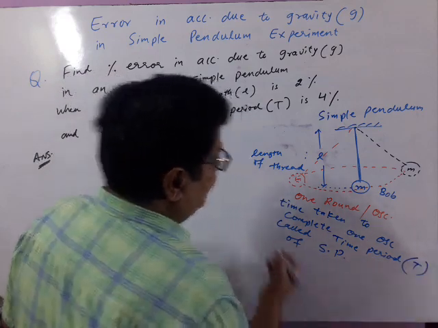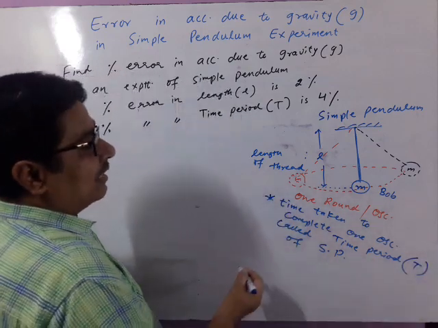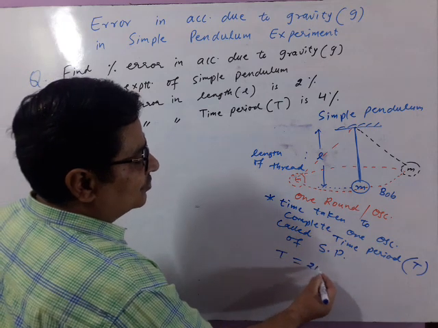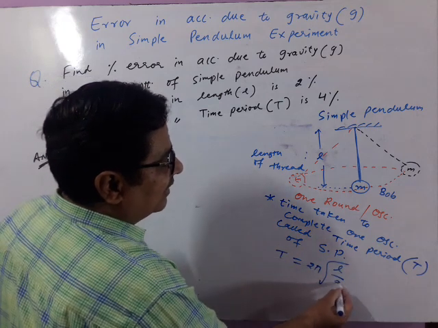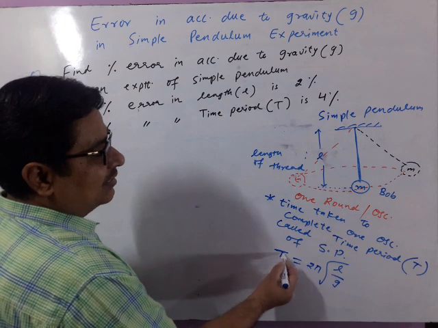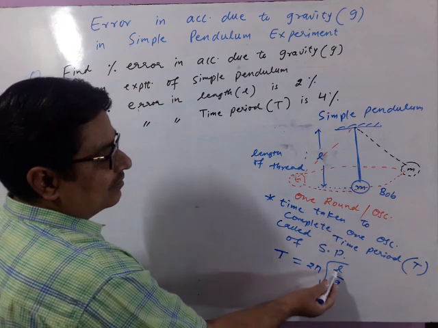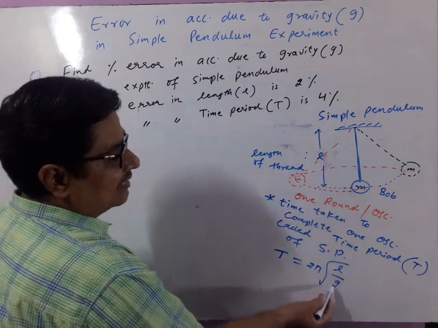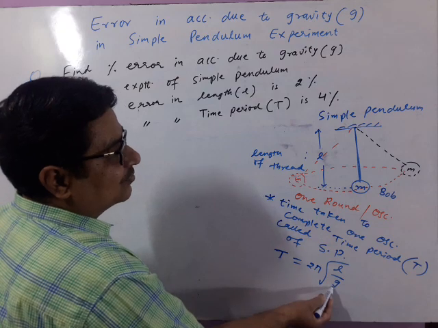The symbol is T. And the formula is T is 2 pi under root L by G. This T is time period of simple pendulum, L is length of the thread, and small g is acceleration due to gravity.